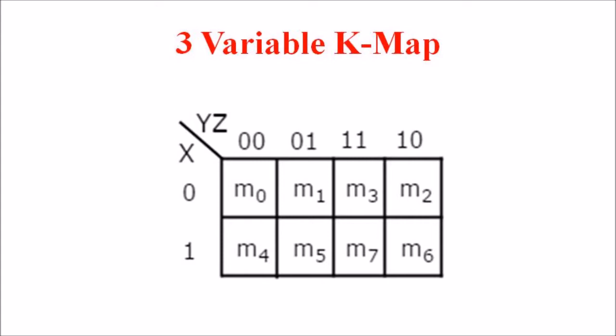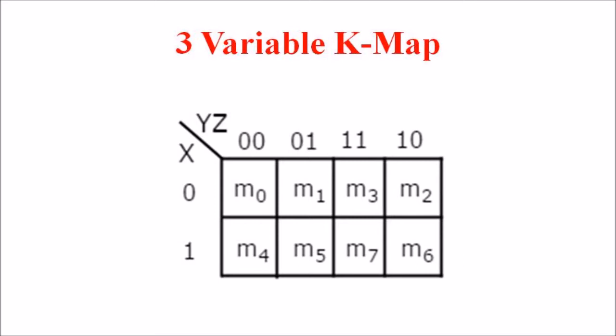The possible combinations of grouping 2 adjacent minterms are m0, m1; m1, m3; m3, m2; m2, m0; m4, m5; m5, m7; m7, m6; m6, m4; m0, m4; m1, m5; m3, m7 and finally m2, m6.